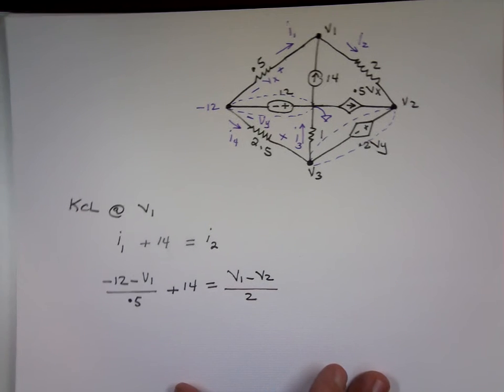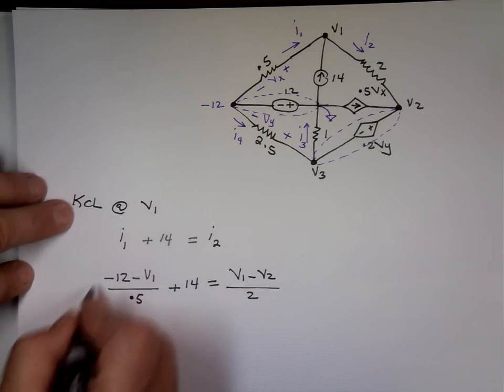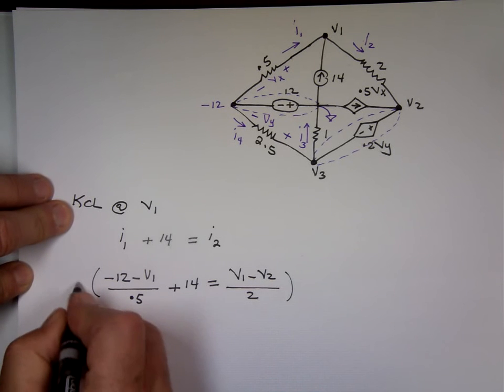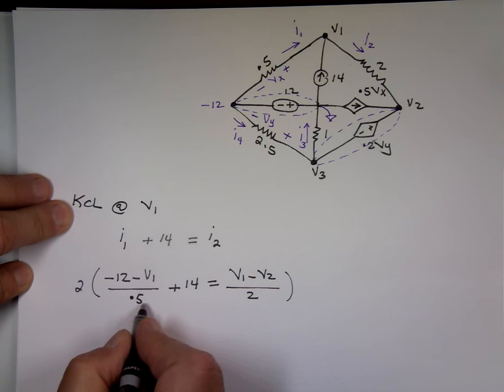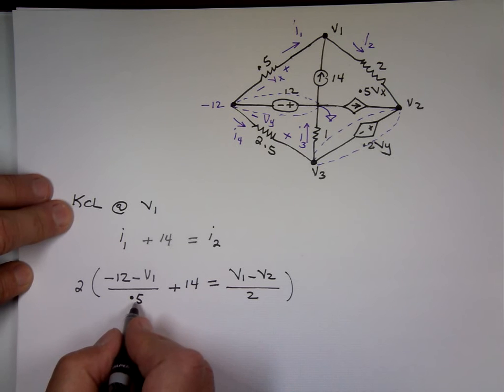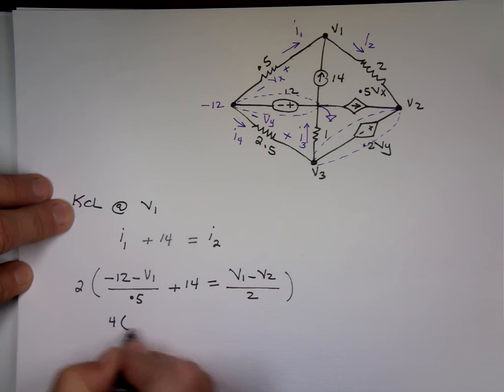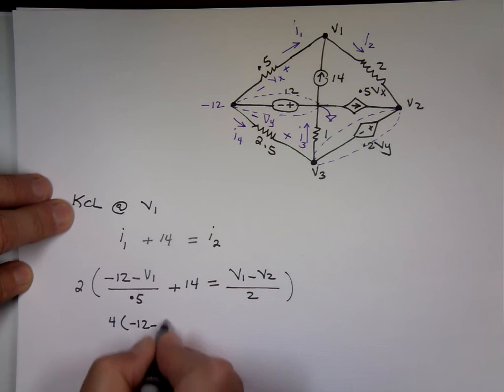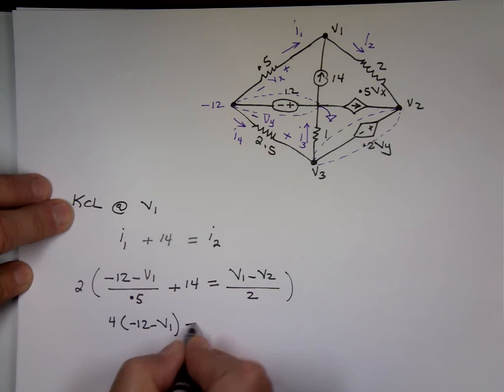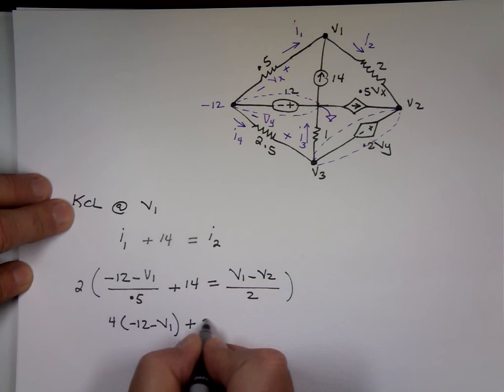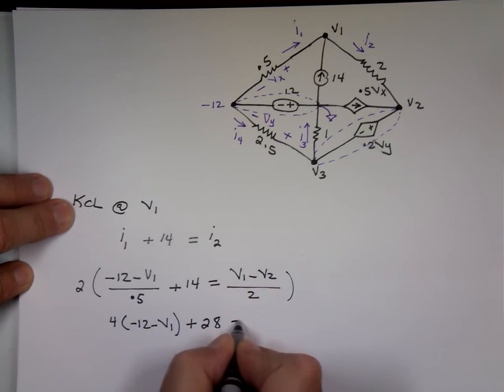So if we multiply the whole equation by 2, 2 divided by 0.5 is a 4. That's 4 times negative 12 minus V1, plus 2 times 14, which is 28, equals V1 minus V2.